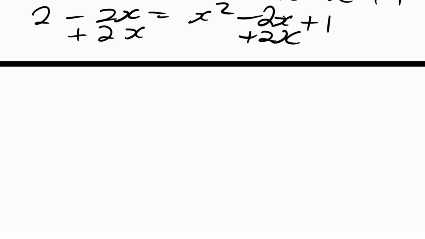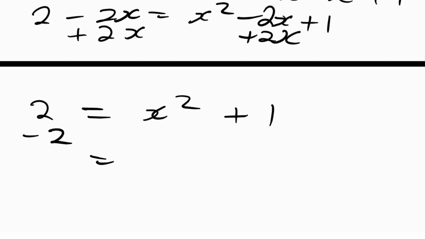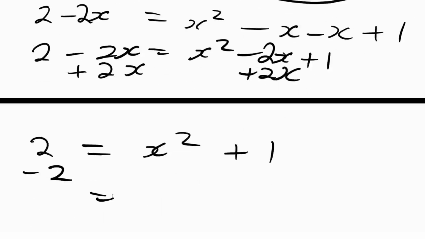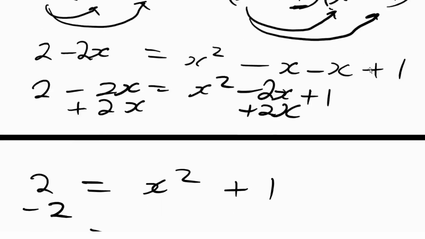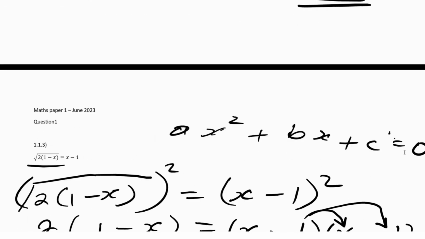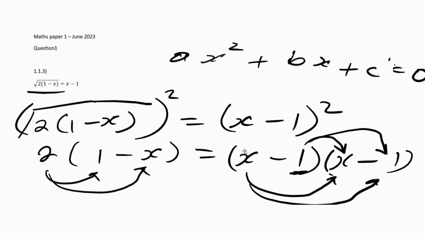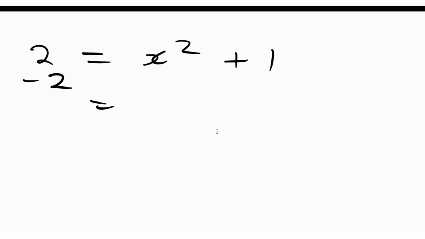So now we have 2, we have 2, this will give us 0, then is equals to x squared, this will give us 0 plus 1. So now we can subtract the 2 from this side. Remember, we need to have this equals to 0, at least one side equals to 0 according to the standard quadratic formula.